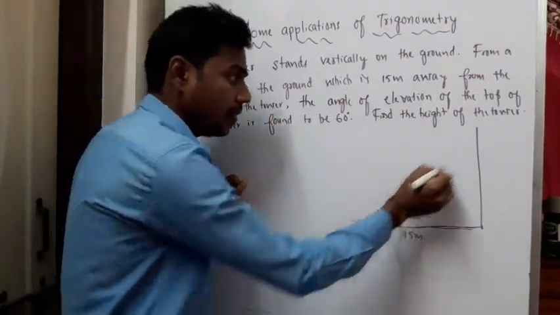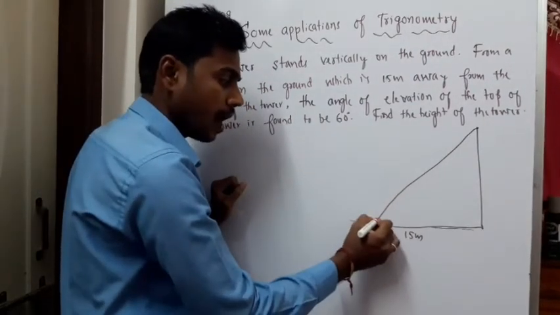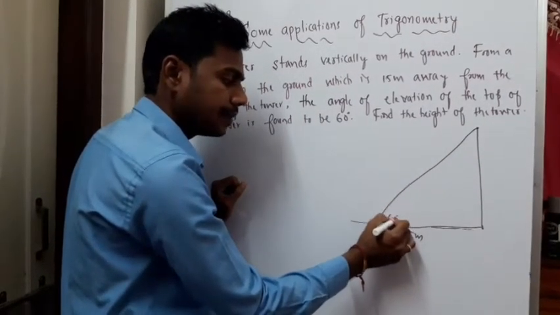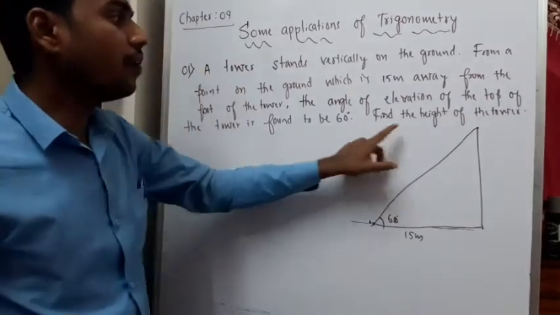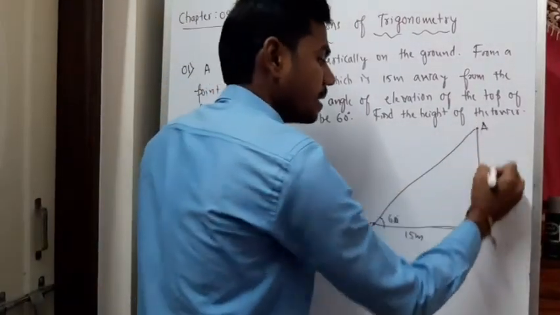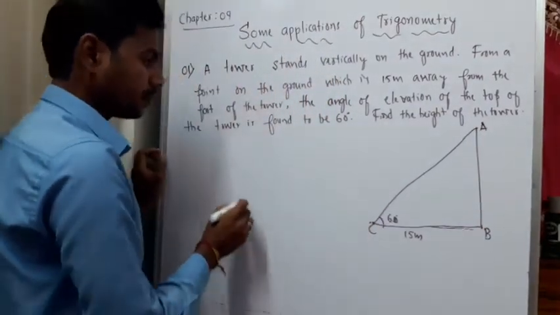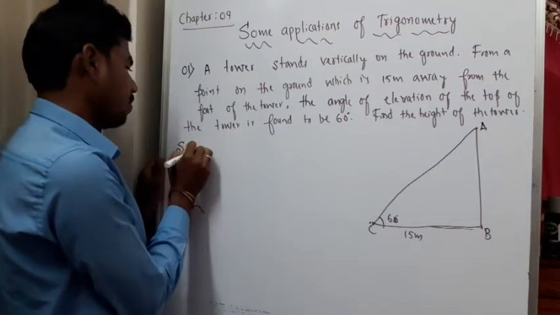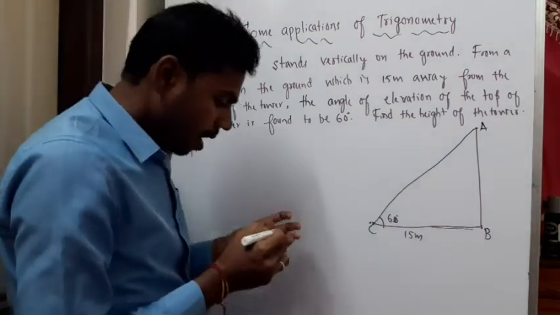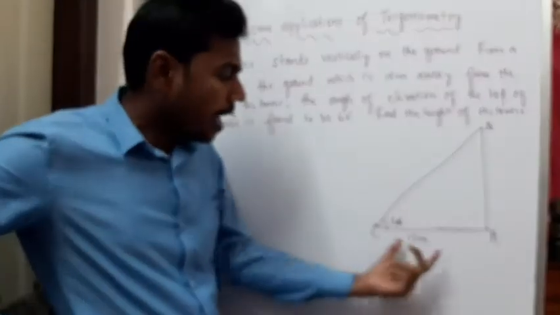This is the angle of elevation. We need to find the height of the tower. Suppose I call this A, this B, this C. Now what you can see, I want this height and I know this.